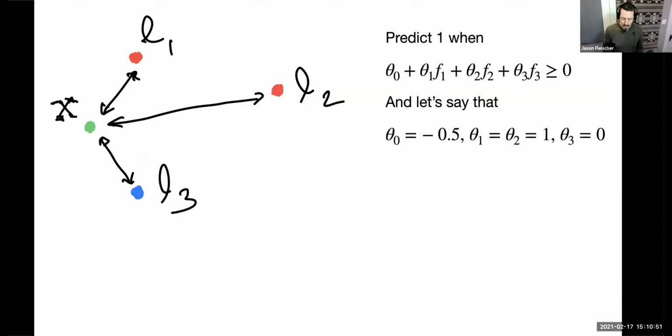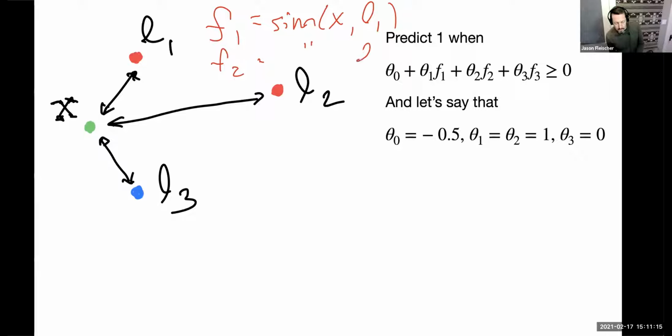Okay, so now that we know that's what we're going to do, let's imagine that we have these similarity functions, which now I'm calling f. So each one of these, f1 is the similarity of x and landmark 1, and f2 is likewise for landmark 2, and so on and so forth.